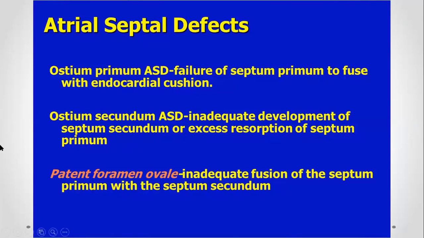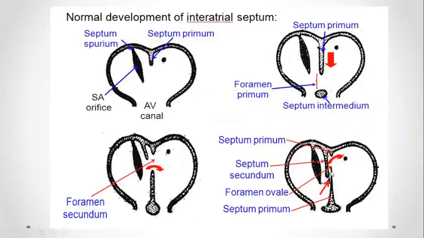Then there is a condition called the patent foramen ovale, which I was discussing before. It is inadequate fusion of the septum primum with the septum secundum. As I said, this is the septum primum here, and this is the septum secundum. Both the septum primum and secundum have developed well, and there is a communication during fetal life. It is normal, but after birth it should close, but it doesn't close even after birth.